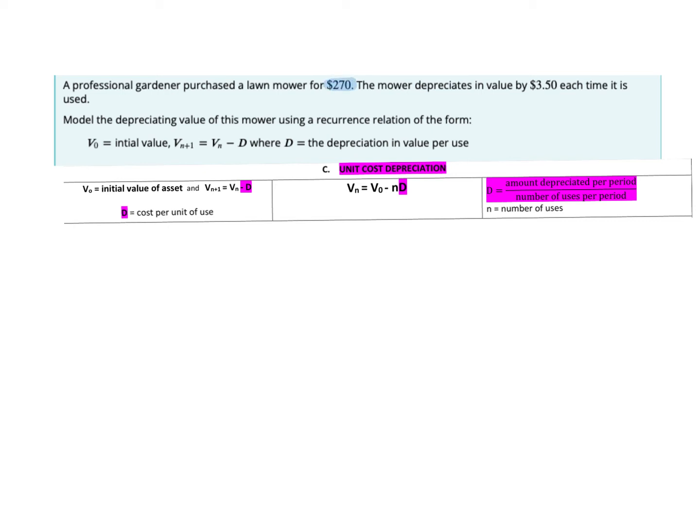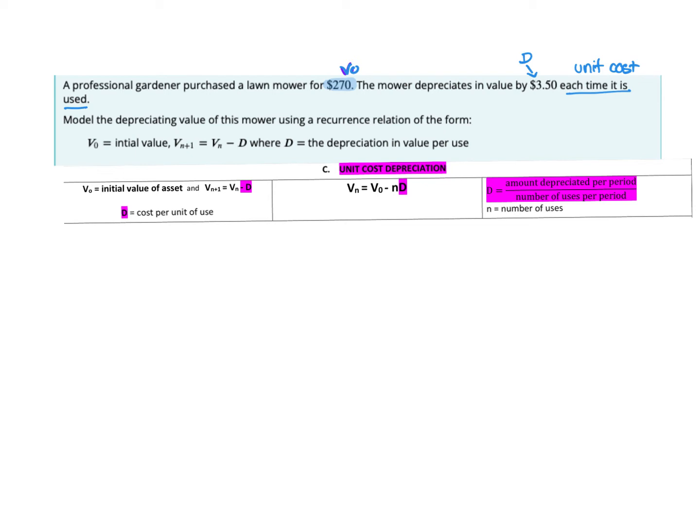So here I'm going to write V0 above it, okay? Now the mower depreciates its value by $3.15 each time it's used. So this "each time it's used" hopefully triggers you that that's talking about unit cost, okay? And so therefore they're saying this is the value, so that's going to be my D value here.